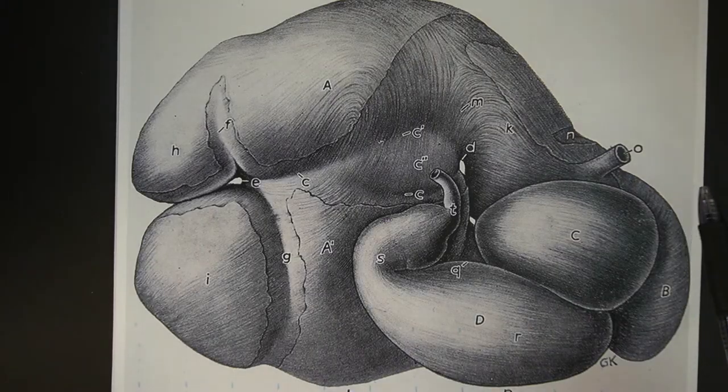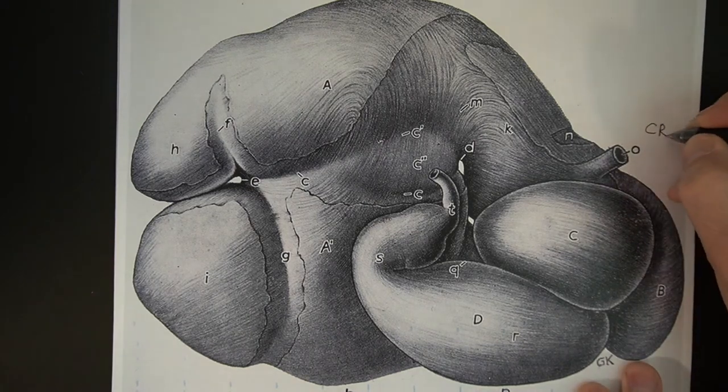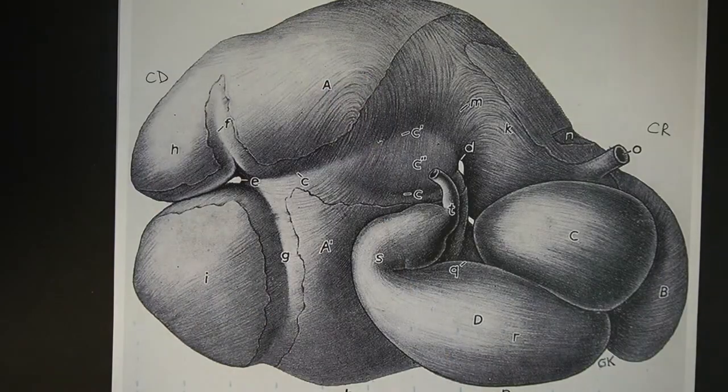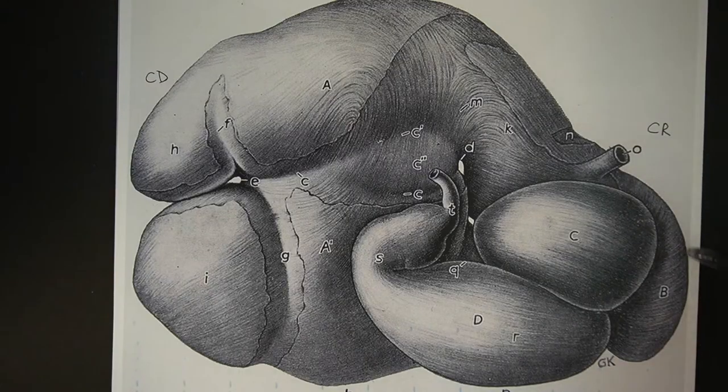Looking at the ruminant stomach from the right side, we see once again, now the cranial aspect of this will be to the right of your picture, caudal aspect back here, and dorsal again, the top, ventral at the bottom. Esophagus coming in here at O. We see the reticulum at the cranial end of this stomach.